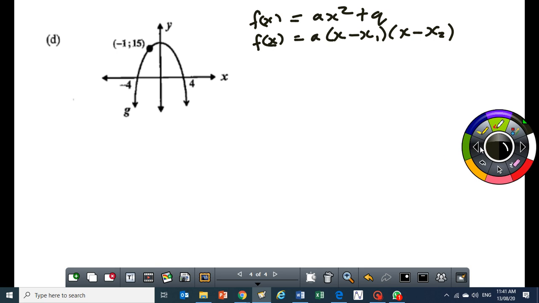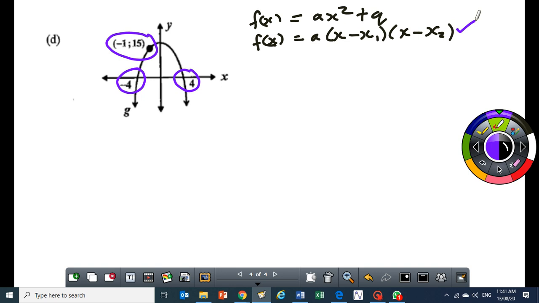Okay, so you use any one of these two to find the equation of any quadratic function. So the graph that we are given here, we have an x-intercept and another x-intercept. We also have a point. So we have to use that one. So we use number 2.